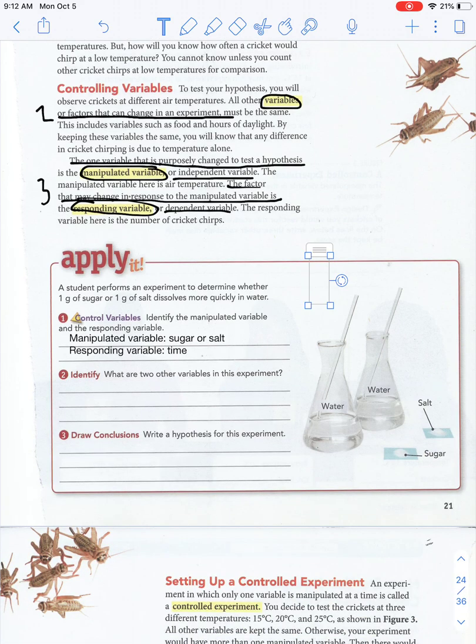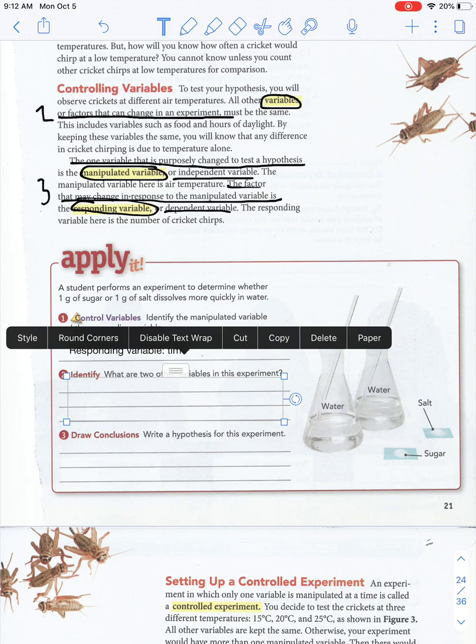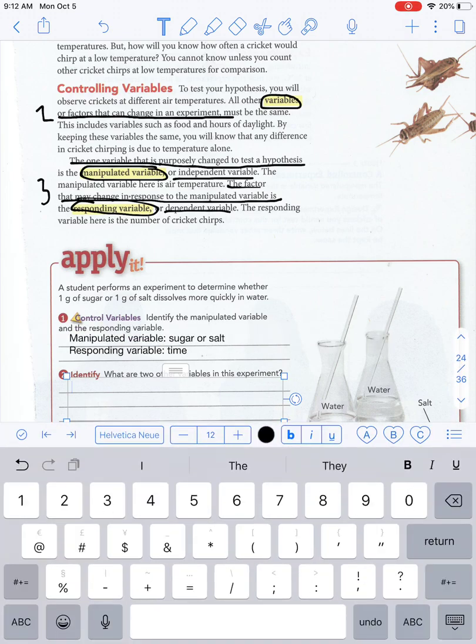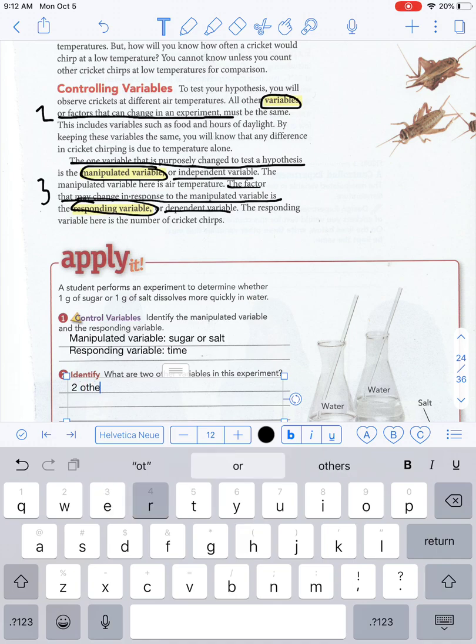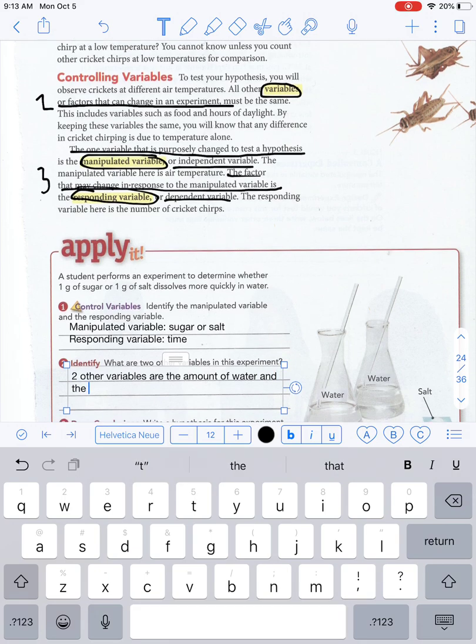So what are two other variables in this experiment that might change what happens? So two other variables are, right, the amount of water, and what else about the water? The amount and the temperature.